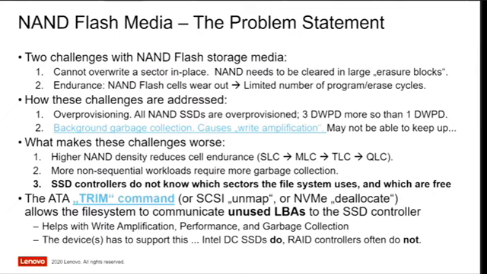One area where the controller and the disk need some help is that it really doesn't know what the file system has done with the sectors or the blocks, right? And which of those are actively in use and which are not. Giving that information from the file system to the device controller of the NAND flash device, that's the purpose of the trim command. Trim is an ATA term.